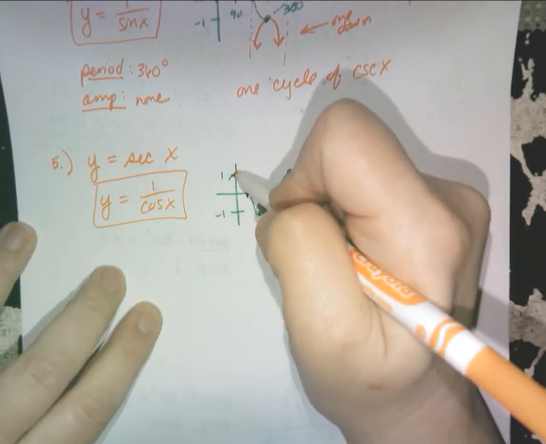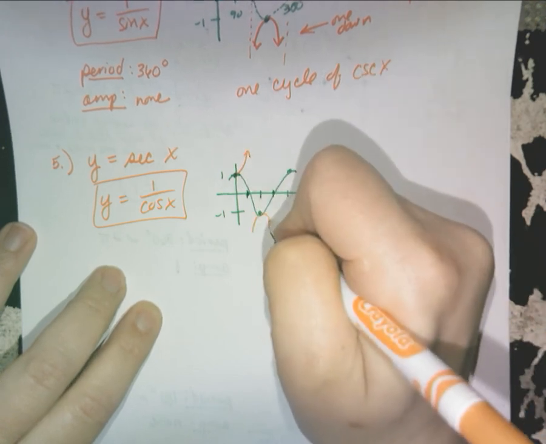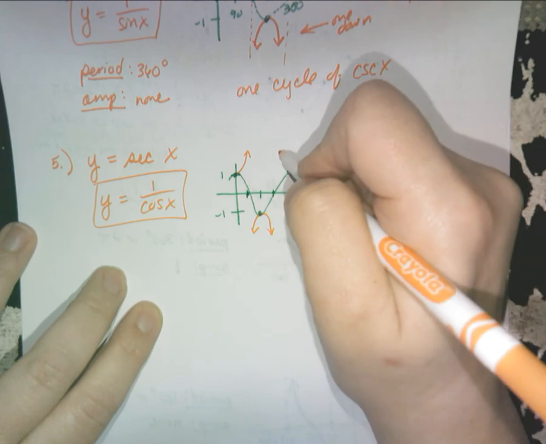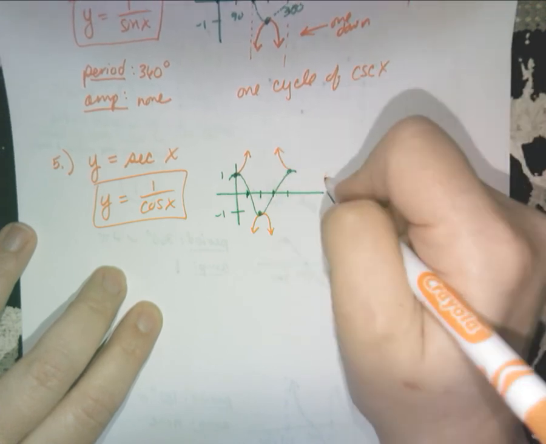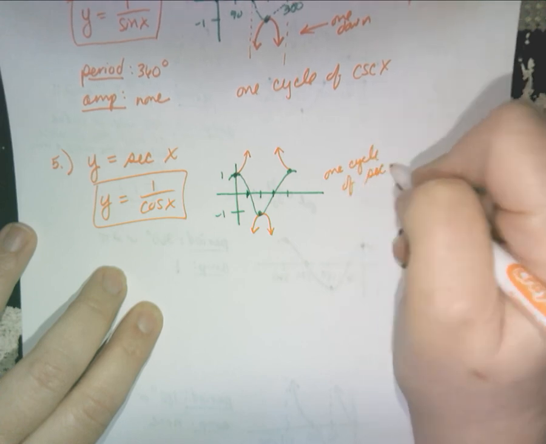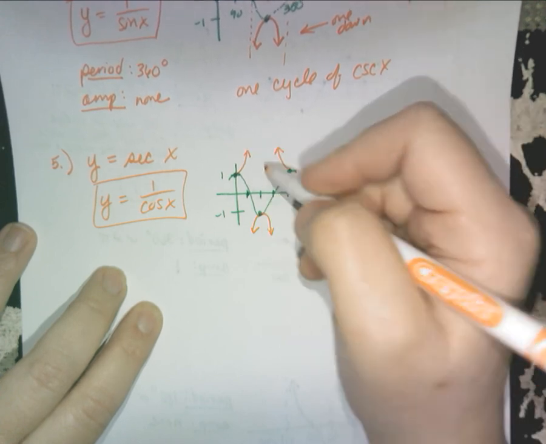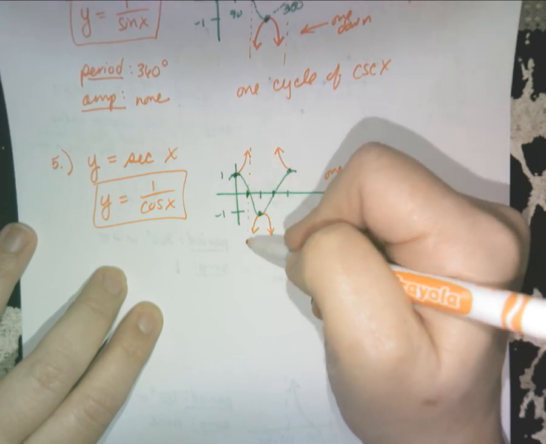The reciprocal would look like this. You would have half of a hook, an upside down parabola, and then the other half. That is one cycle of secant. Again, why are asymptotes happening? Because you're trying to reciprocate zeros.